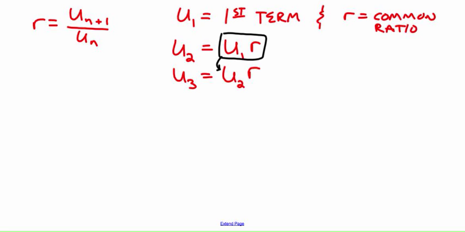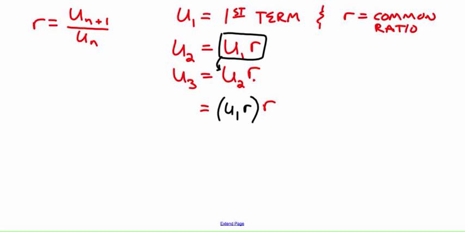So u of 3 is the same thing as u of 1 times r, and then times r for this r right there.